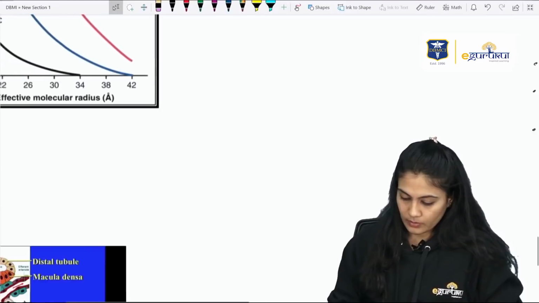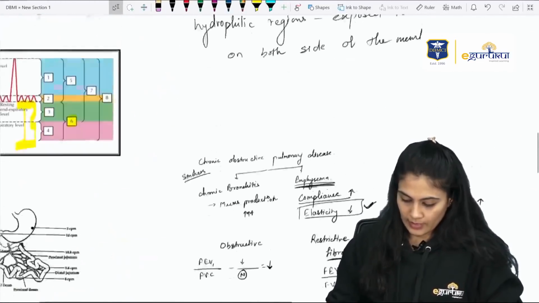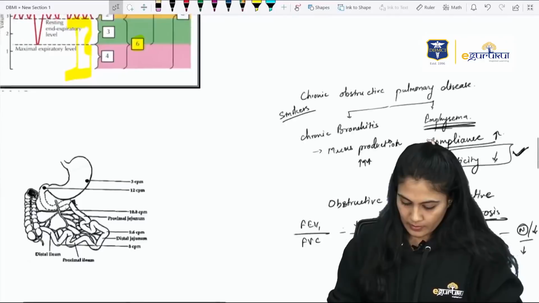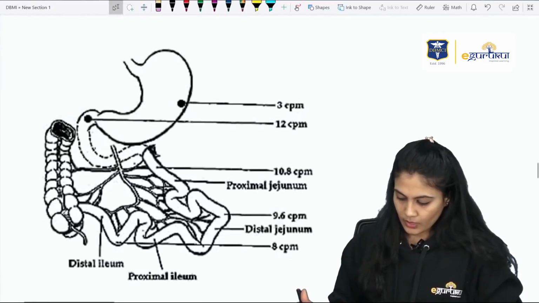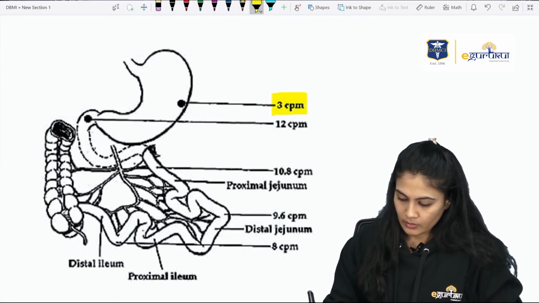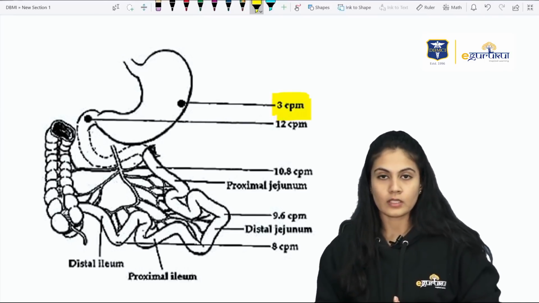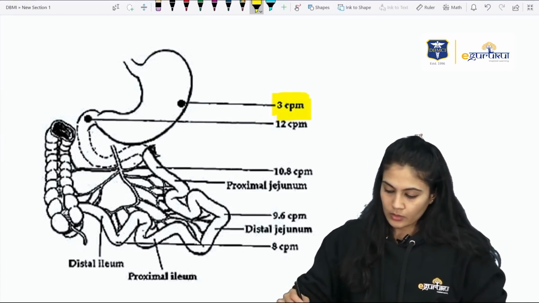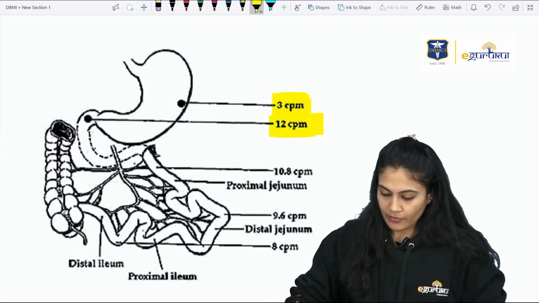If we have the diagram, let's see. Over here you can see the stomach is having 3 to 4 per minute; Ganong says 4 per minute. The duodenum has 12.